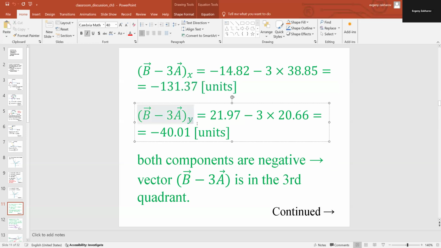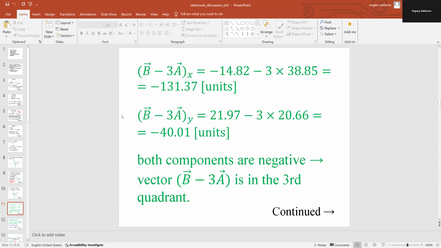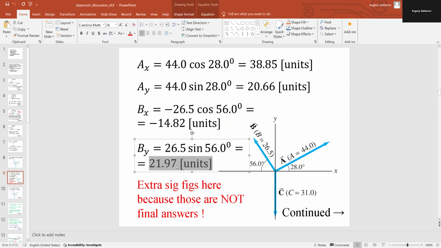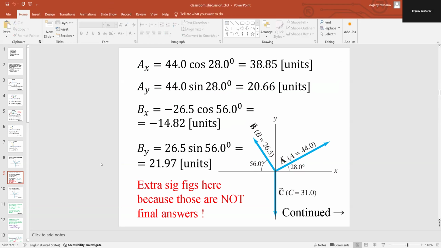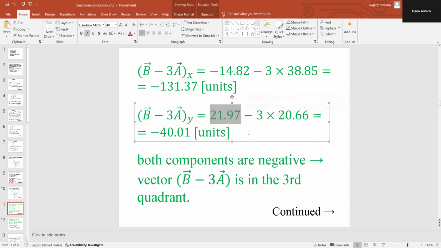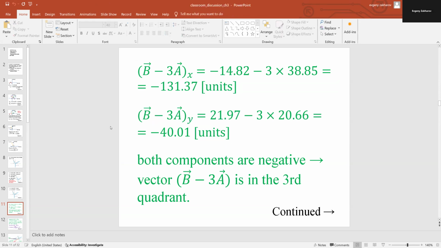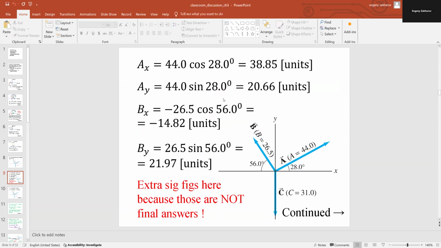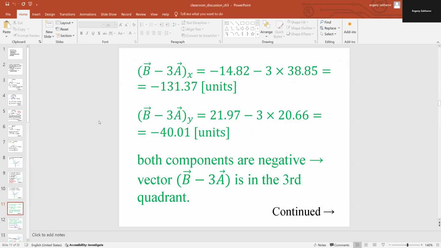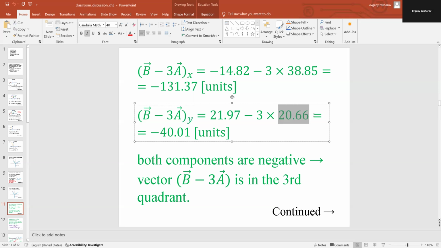What about the y component? B sub y, let's take a look. B sub y is positive 21.97. B sub y, 21.97 minus 3 times A sub y. A sub y is 20.66. 20.66 multiplied by 3.